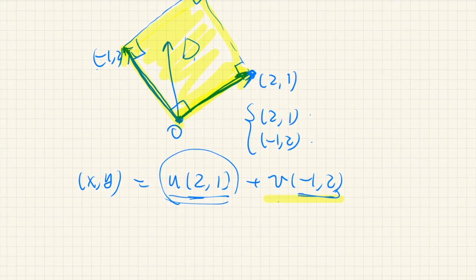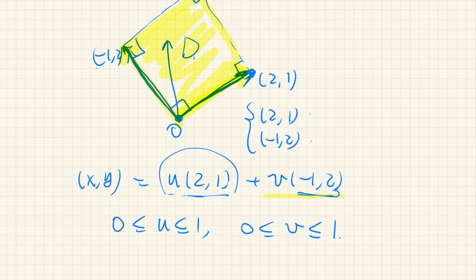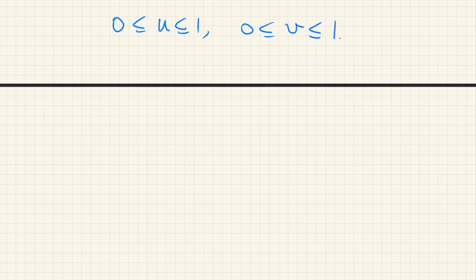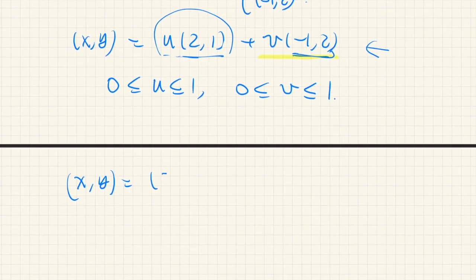So u is between 0 and 1, and v is also between 0 and 1. Okay, so let's expand this expression. So we have x equals 2u minus v, and y equals u plus 2v.